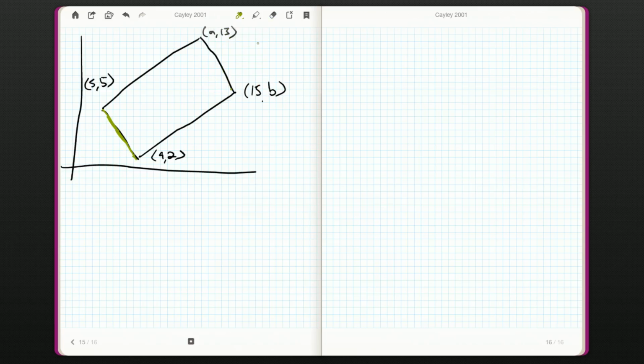The reason being, because it's a rectangle, we have right angles here. And so we'll get the slope of this blue line, and it'll be the same as the slope of this red line, because being rectangles, they are parallel. Once we have the slope, we have some points on them, so we can use what's called point-slope form of the line.